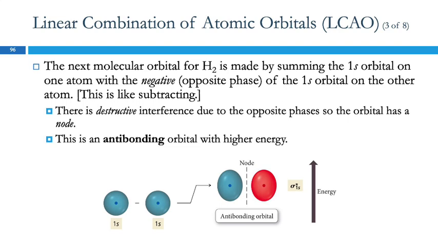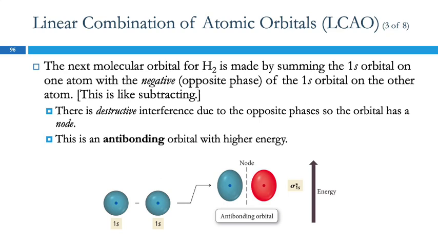The next one is made by combining an s orbital in a positive phase with an s orbital in a negative phase. Waves have phases. They can be above the axis or below. We're not used to looking at s orbitals as having phases because when you draw them, you can only see one at a time, but they can be either.